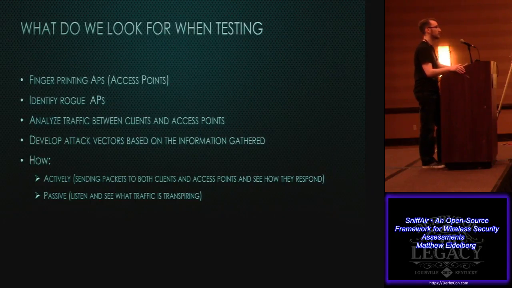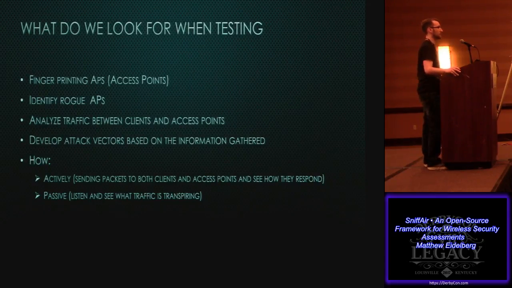This also allows us to identify any rogues that might be unintentionally or maliciously placed in an environment. We also look at the traffic between clients and access points to see if there are any misconfigurations or insecure connections that we can exploit. Once we have all this, we can begin to develop a comprehensive attack.